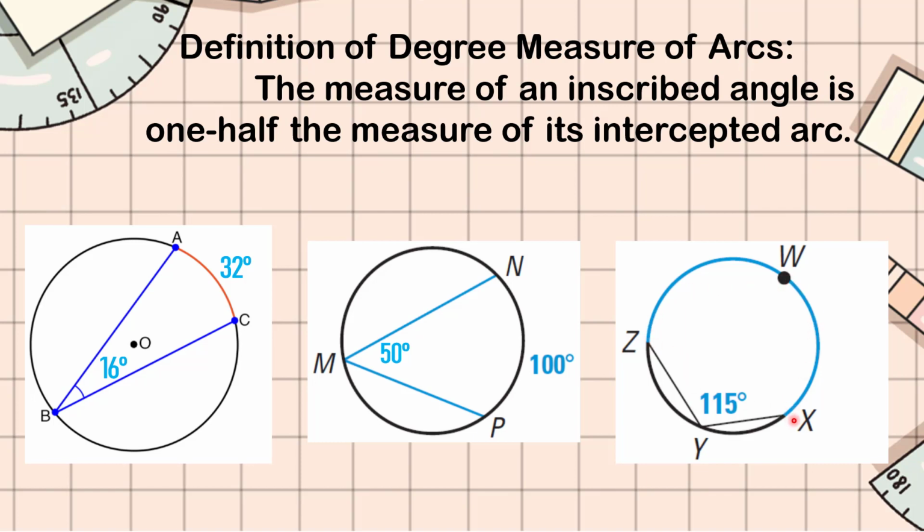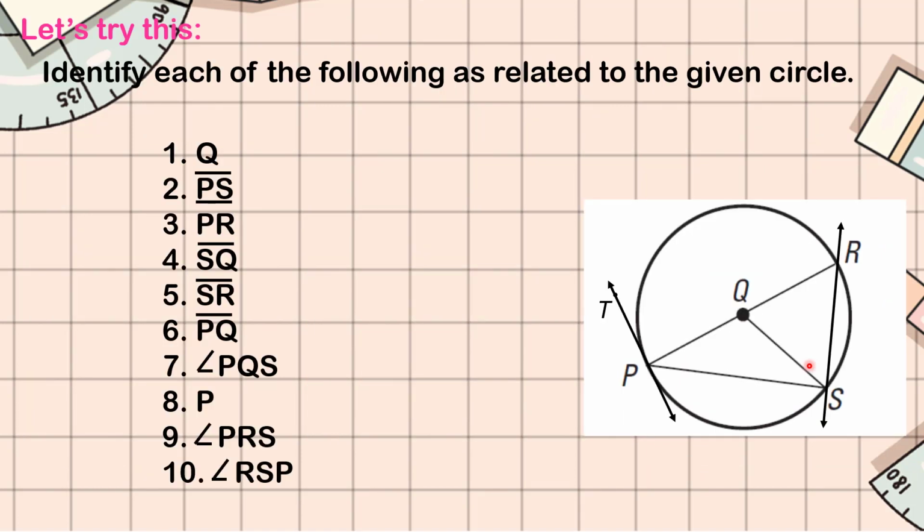If angle XYZ is given as 115 degrees, what is the measurement of arc XWZ? What is the measurement of this arc? If your answer is 230 degrees, you are correct.